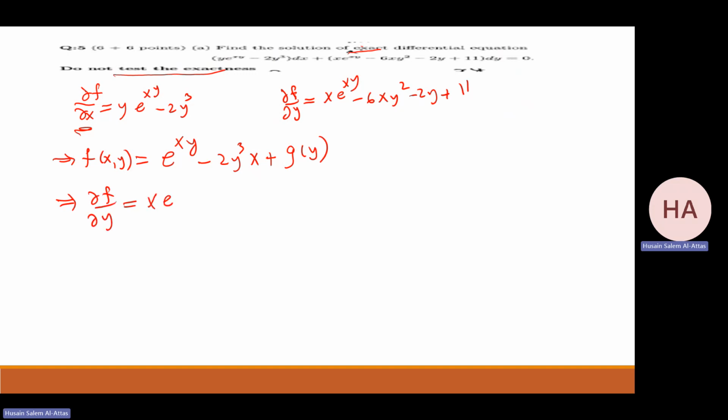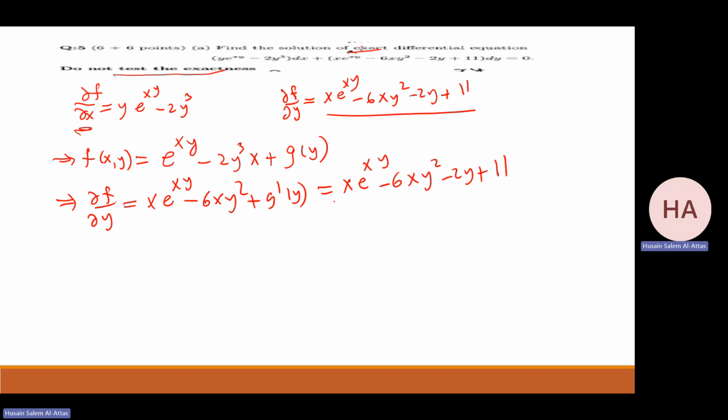That will be x e^(xy) minus 6xy squared plus g prime of y, and that should equal this. Be careful, don't forget the constant of integration, which is a function of y. This is cancelled. So g prime of y is minus 2y plus 11. So g of y is minus y squared plus 11y.